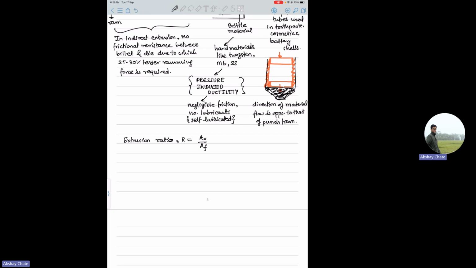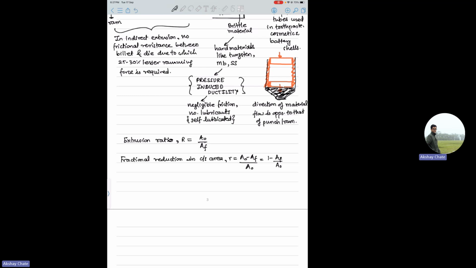A naught is the initial cross sectional area before extrusion, and AF is the final extruded cross sectional area. Then you have the fractional reduction in cross sectional area after extrusion. They typically use small r for that, and it is given as A naught minus AF, the reduction in the cross sectional area, divided by the original cross sectional area. If you separate the terms, you get AF by A naught.